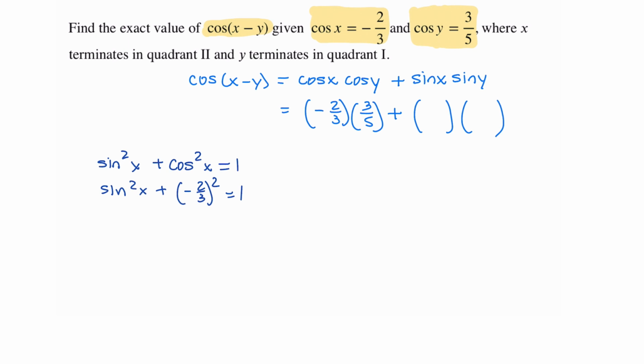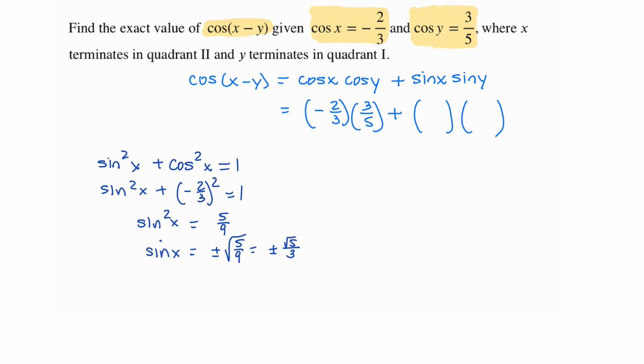So I'm going to subtract that from both sides, and that gives us sine squared x equals 5/9, which means sine of x is equal to plus or minus the square root of 5/9, which is plus or minus square root 5 over square root 9, which is 3. Now we have to decide which it's going to be, the plus or the minus.